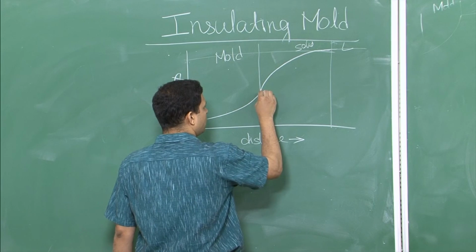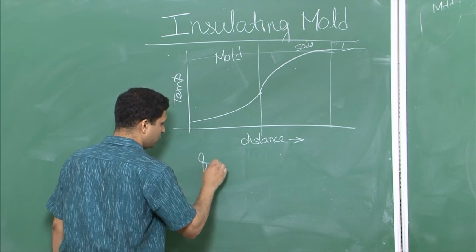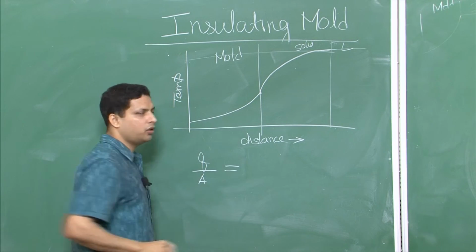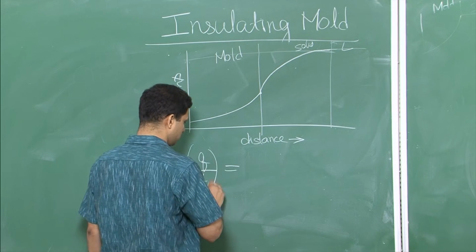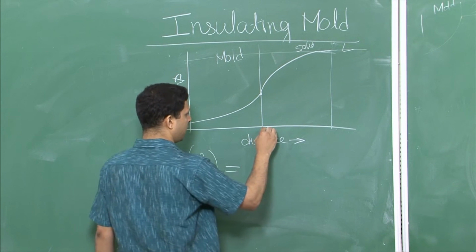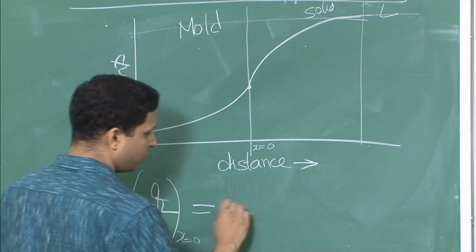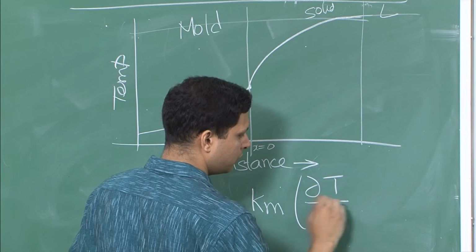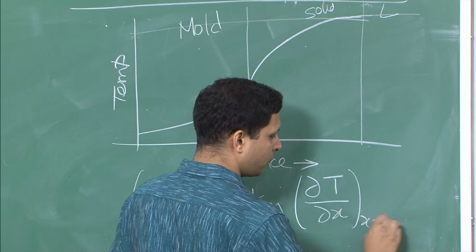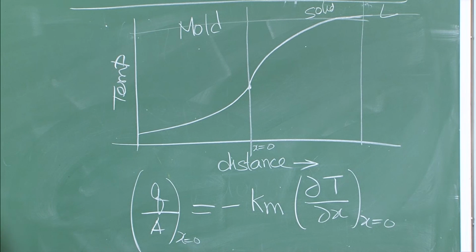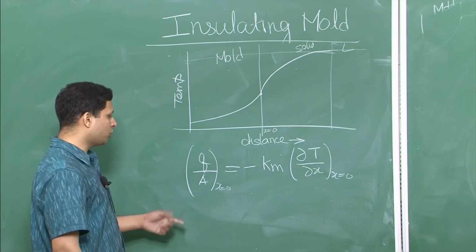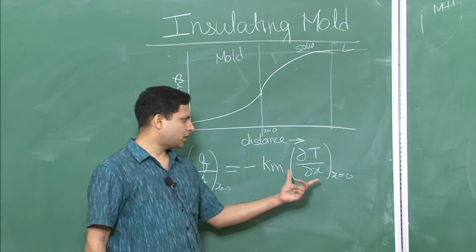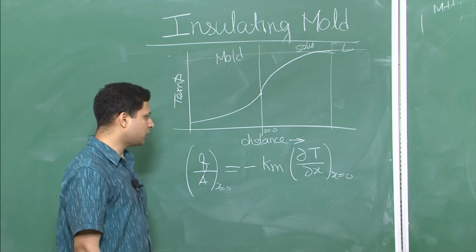So again, let us go back to our equation for the heat flow. Q over A, let us say we are talking about the heat going into the mold, which was at x equal to 0, is equal to minus Km del T over del x at x equal to 0.